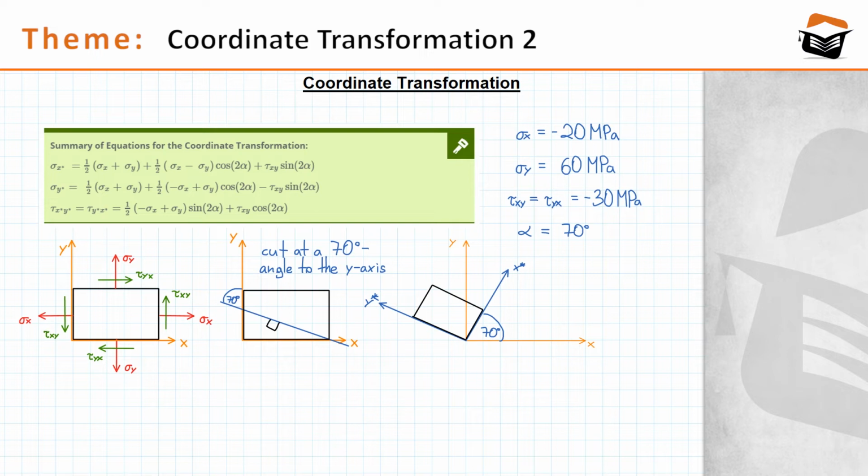For instance, the normal stress sigma y star acts in the northwestern direction from this position and in the southeastern direction from this position.